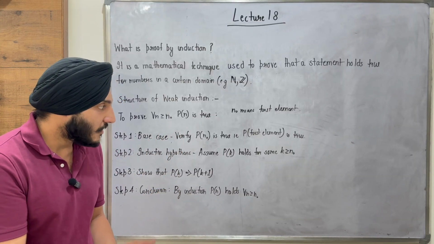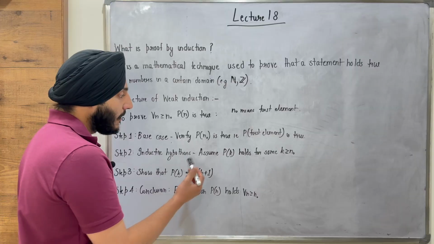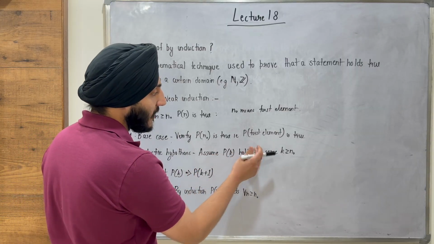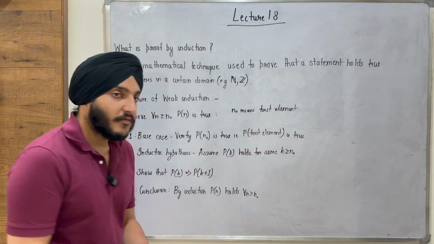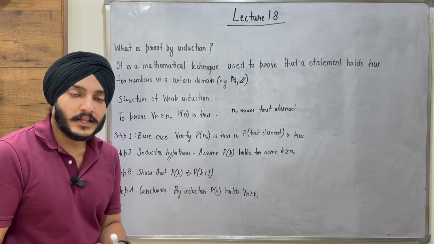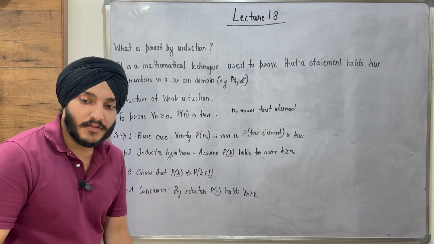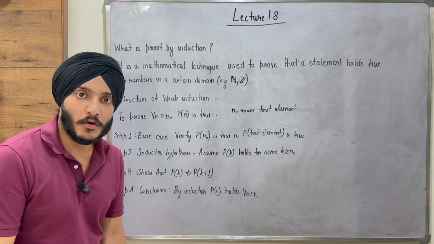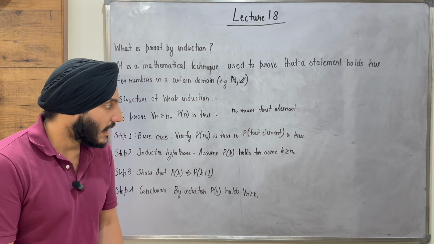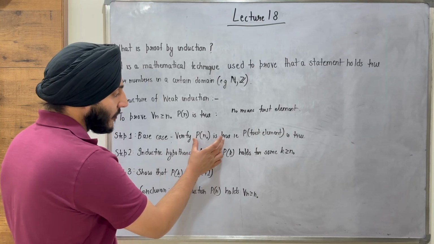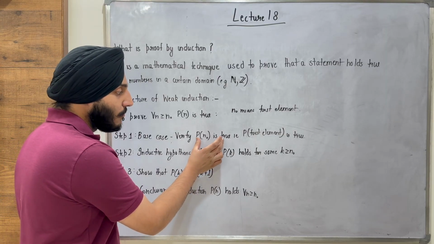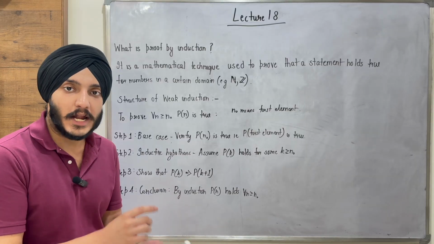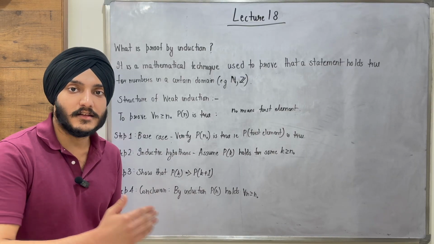Okay, so let's try to understand with the first one. Verify P(n0) is true, that is, the first element is true. The very first thing I do, thinking about it in a domino way, is that if I have all the dominoes, the first thing I verify is whether my first domino is in the right position, right? In this case, I'm trying to prove that the statement is true for the first element in the set, right?